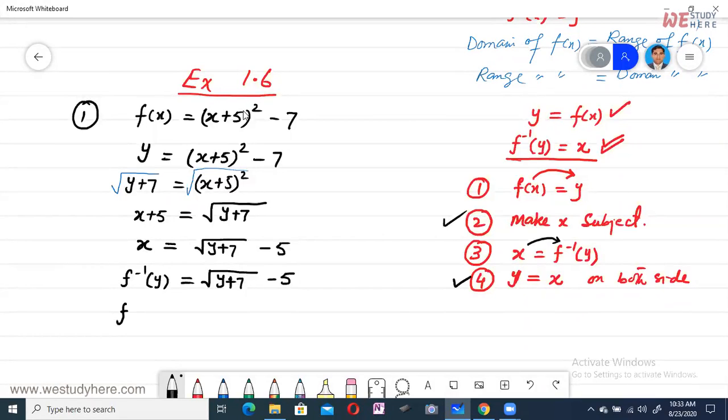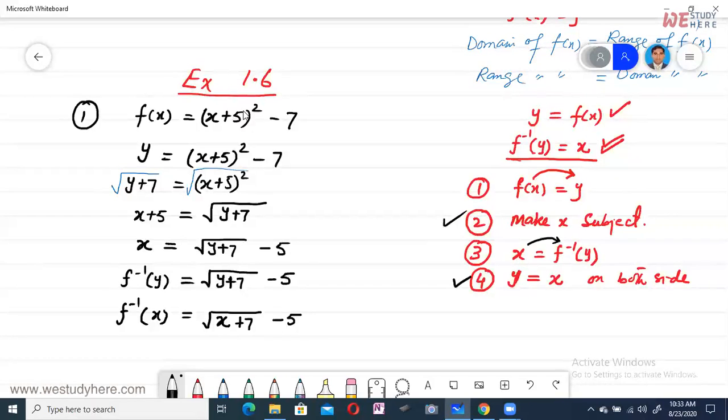In place of y we write x, so f inverse of x is equal to square root of x plus 7 minus 5. This is the inverse function of the given function. This is the answer. I hope you all understood well.